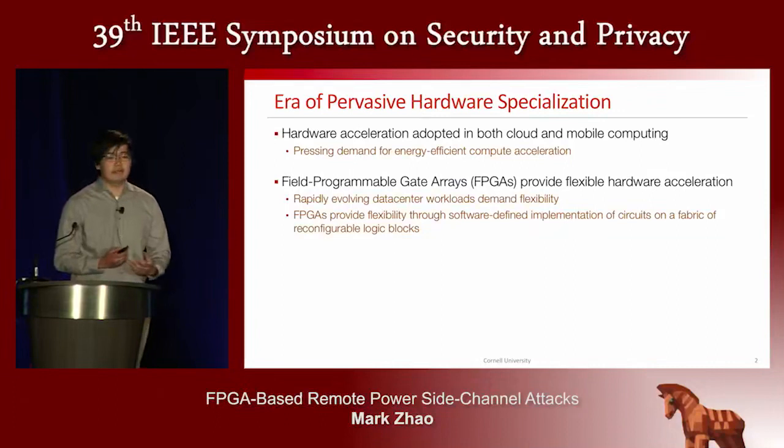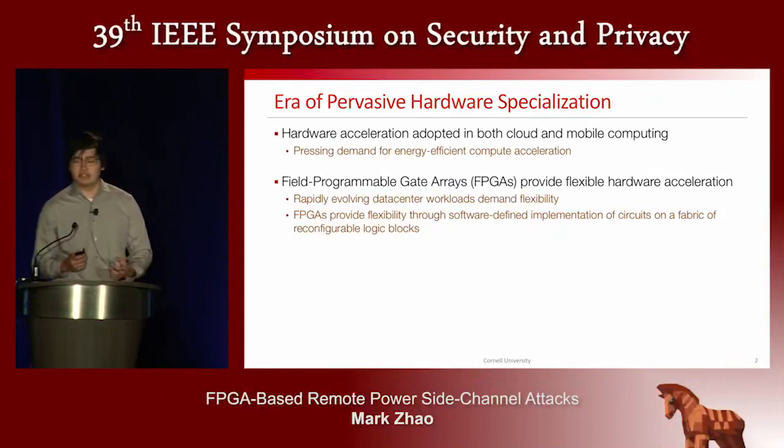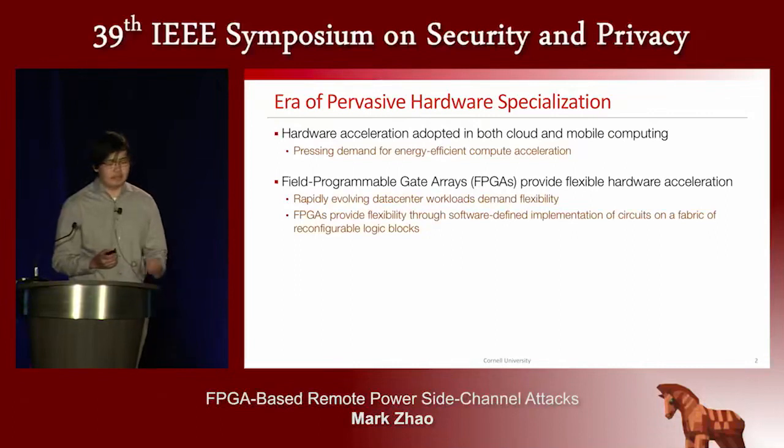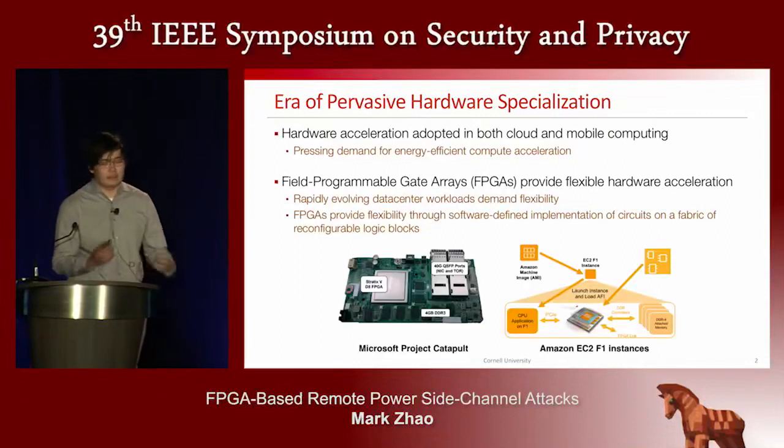And what these FPGAs are is that they're simply a fabric of reconfigurable logic blocks connected with some programmable interconnects, and users can use RTL code to implement virtually any circuit in the FPGA devices. And this is very suitable towards data center workloads, which rapidly change.